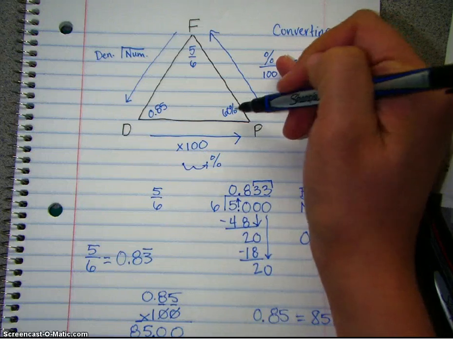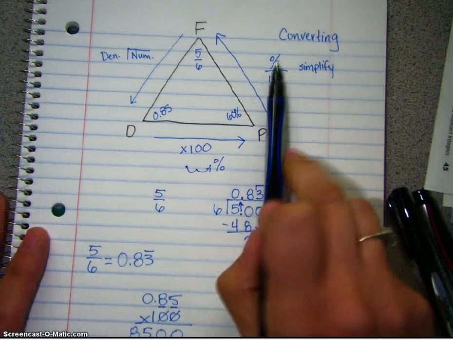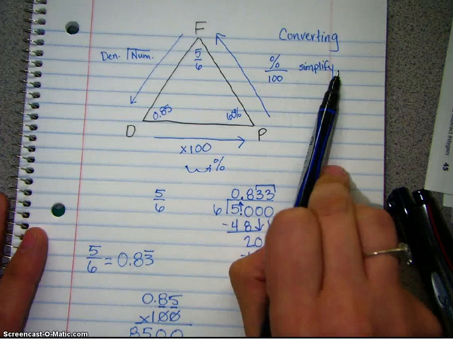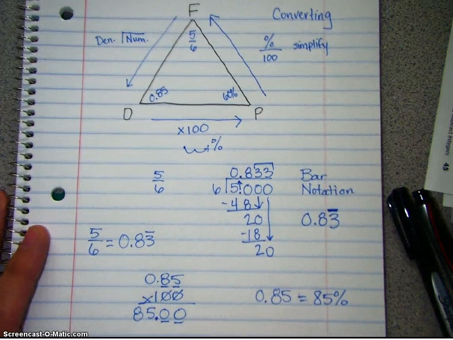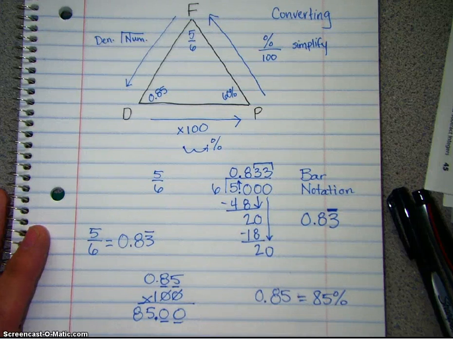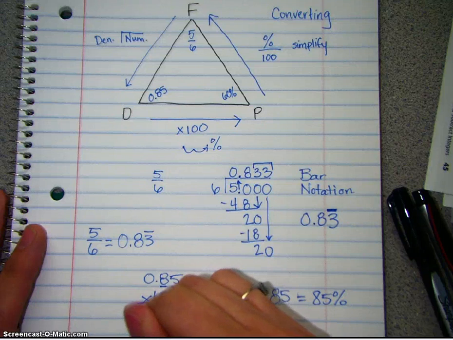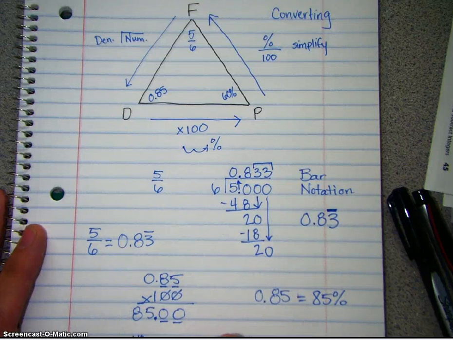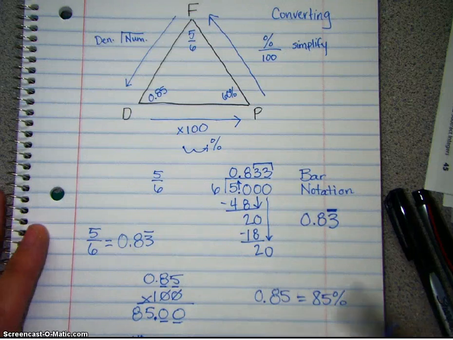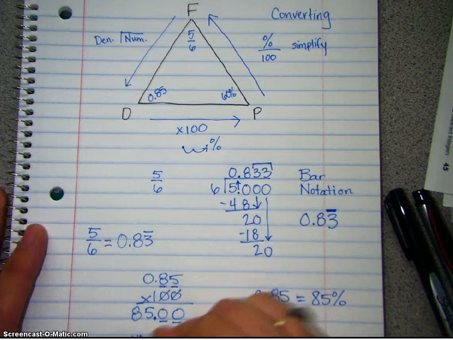And the last one is to change a percent to a fraction. Now the percent that we chose was 60%, and I'm going to put the percent over 100, and I'm going to simplify. So I have 60 over 100, and I know that both of these can be divided by 10, so I get 6/10. But 6/10 is still not simplified, so I have to simplify further.